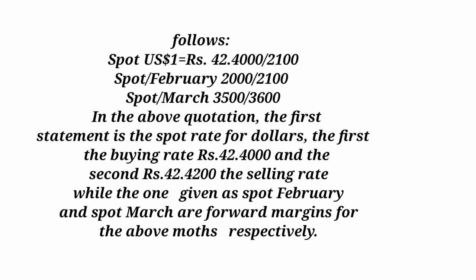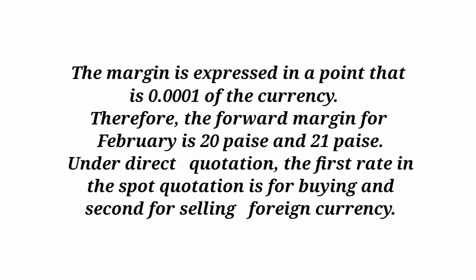In the above quotation, the first statement is the spot rate for the dollar. The first is the buying rate, Rs 42.4000, and the second, Rs 42.4200, the selling rate, while the ones given as spot February and spot March are the forward margins for the respective months. The margin is expressed in points, that is 0.0001 of the currency. Therefore, the forward margin for February is 20 paise and 21 paise.